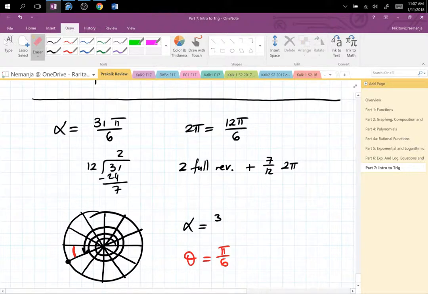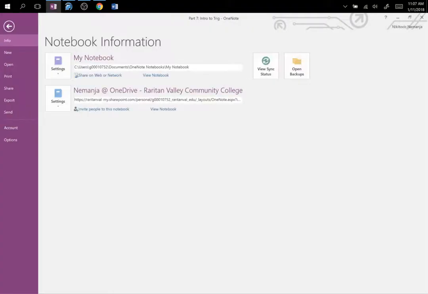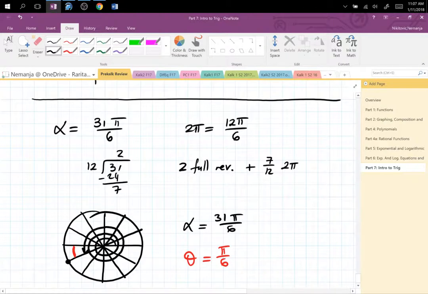And when it starts, these things, it starts erasing things, and it saves automatically, so I can't even hit save on my own. So it's pi over 6.